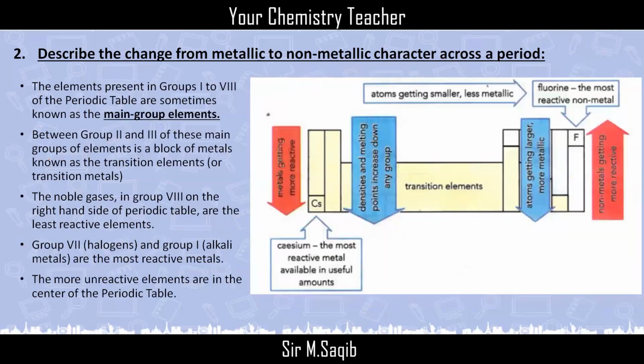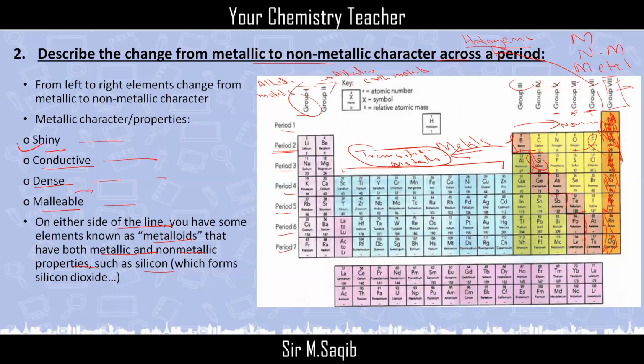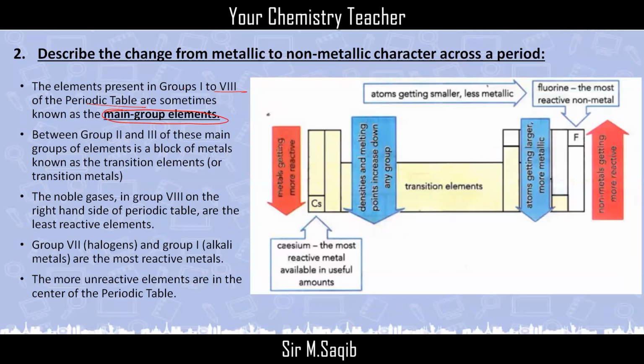Now the elements present in group 1A to 8A of the periodic table are called main group elements. There is group 1A, 2A, 3A, 4A, 5A, 6A, 7A, and 8A, and they are called main group elements.